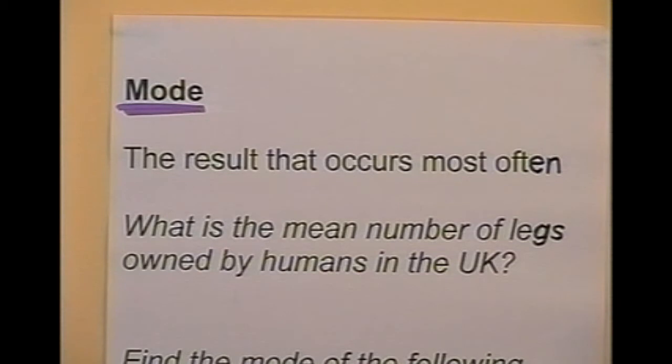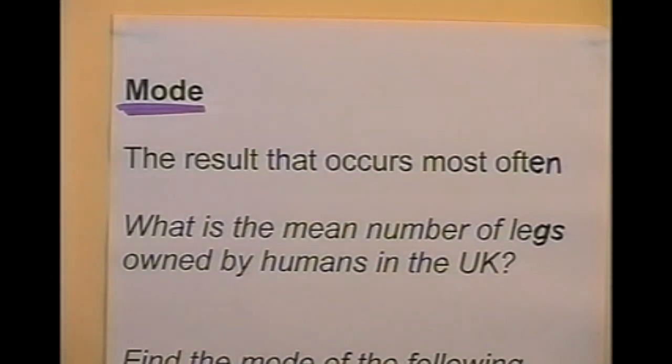So I don't know what this figure is, but it's probably 1.9 something, 1.98 or something like that. Of course, tragically, in some countries, the mean would be less, where for various reasons there have been a lot of traumatic amputations. But looking at the UK population, it wouldn't tell you a lot to say that the mean number of legs is 1.98. So what we do is look at the mode, the result that occurs most often.